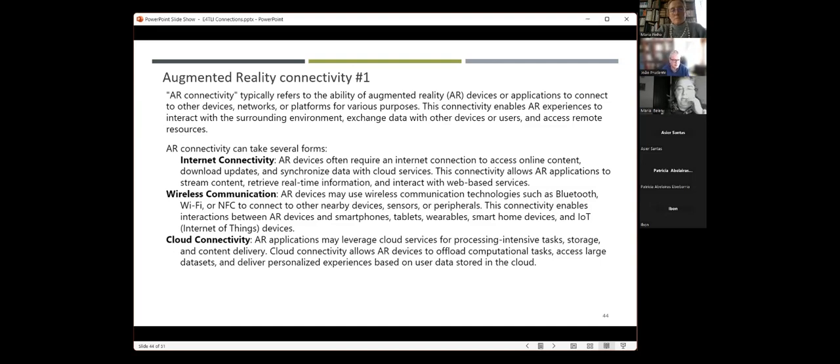NFC is near field communication. Near field is very cheap now, and most of the time near field translates into Bluetooth, but we also have IoT devices, cloud connectivity, because people will not have infrastructure at home, so it makes sense that applications will leverage it better.